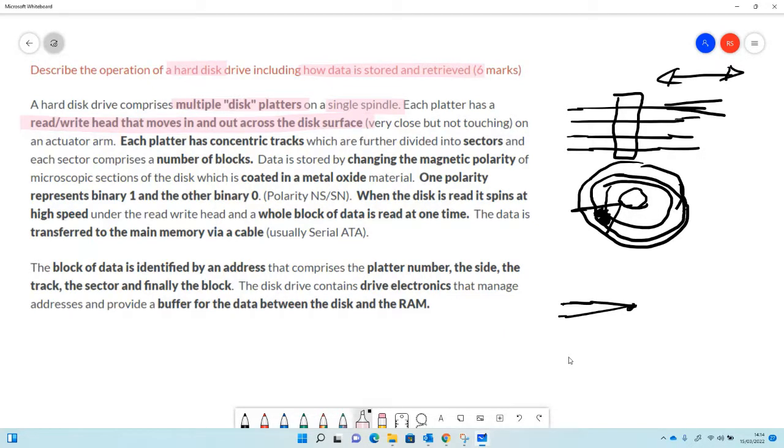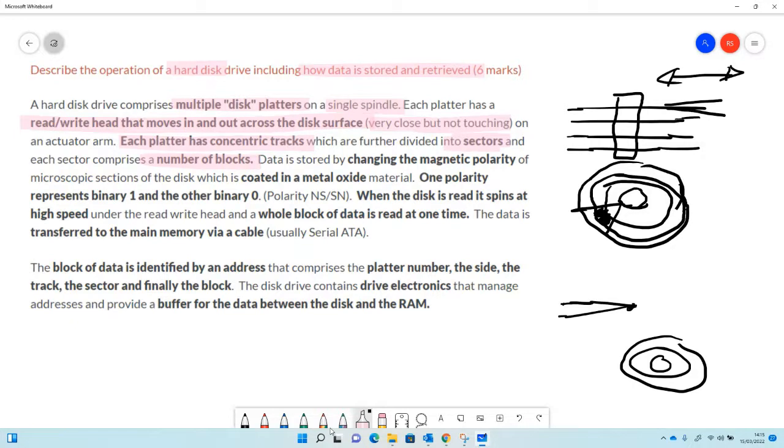It reads the data. These read-write heads are very close to the surface, and each platter's got concentric tracks, one inside another. That's what concentric means. They're further divided into sectors, and each sector has got blocks.